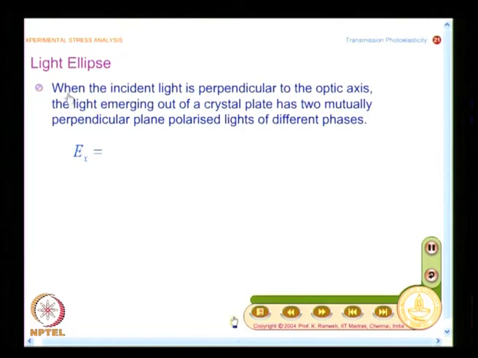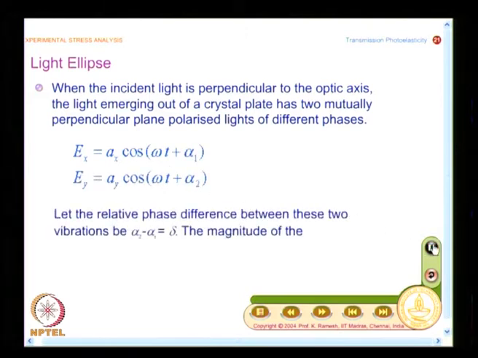For one incident light I have two refracted beams and they travel with different velocities, and they could be easily represented by A x cos(omega t plus alpha 1) and A y cos(omega t plus alpha 2). So, I essentially have two simple harmonic motions, one in the x direction, one in the y direction. They have different amplitudes A x and A y, and in general you could also think of phases alpha 1 and alpha 2.